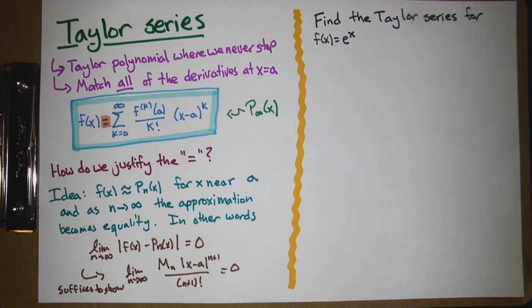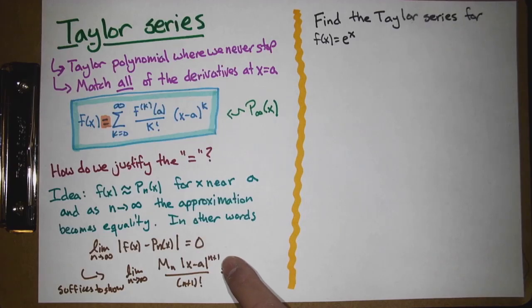But look, we can bound the error. If we can show that this gets small, then we get equality. Now, this M sub n, the reason I put a subscript n, is it may depend on which derivative we look at. However, if our error can be bounded regardless of our choice of which derivative we look at, then we win. That's because besides this M sub n, you have two pieces.